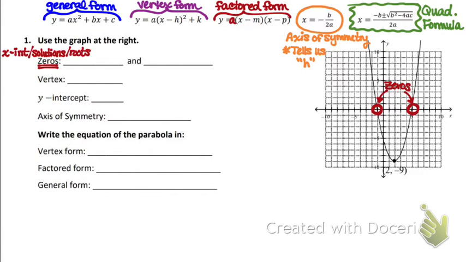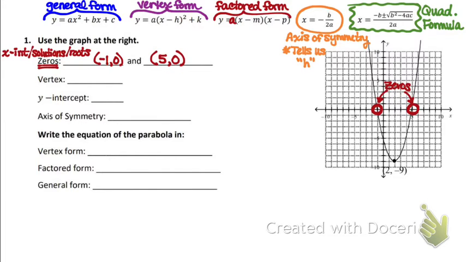What are the ordered pairs for those zeros? -1, 0. Yep. And 5, 0. You could write them as x equals -1, x equals 5. You could write them as ordered pairs. With the way they wrote the question, if you just wrote -1 and 5, that would be okay.